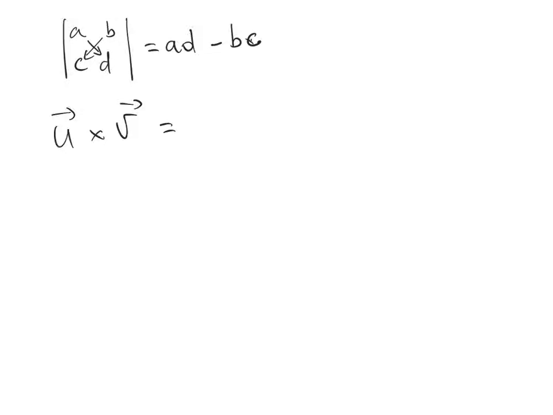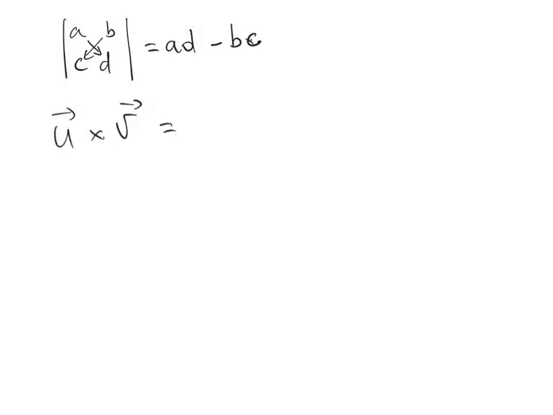Before we go any further, a reminder on how to find a 2x2 determinant with entries a, b, c, d. This is given by a multiplied by d minus b multiplied by c. So let's go back and finish the calculation of u cross v.